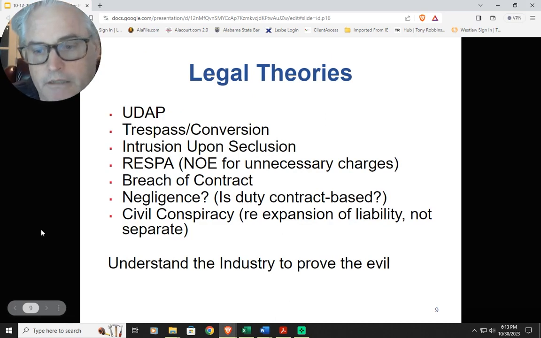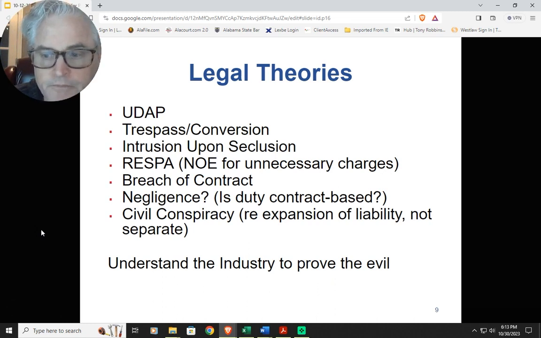So legal theories, I do a lot of these cases in Illinois. In Illinois, we have the Illinois Consumer Fraud Act, and it actually has a much longer name. We all refer to it as the ICFA. It has two prongs to it. One is misrepresentation, and the other is unfairness.